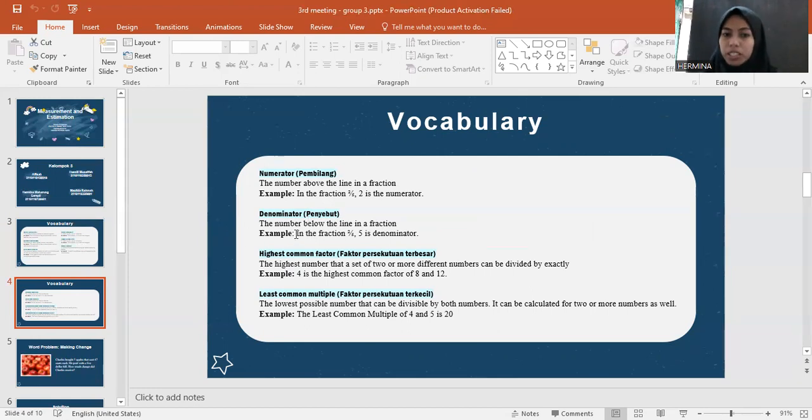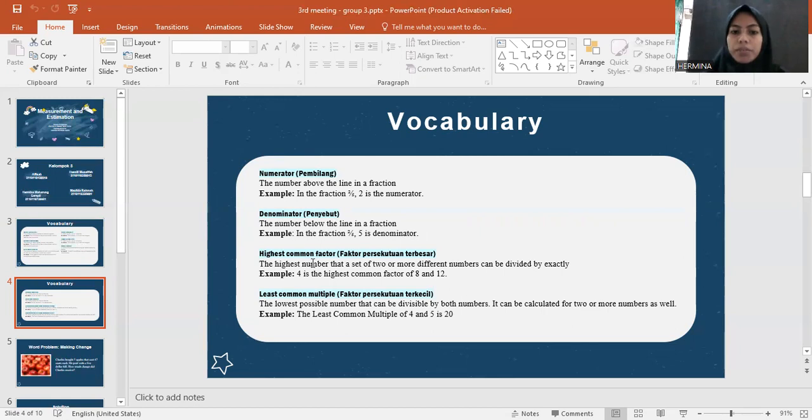For example, in the fraction 2 over 5, the 5 is the denominator. So in a fraction, the number above the line is the numerator and below the line is the denominator.